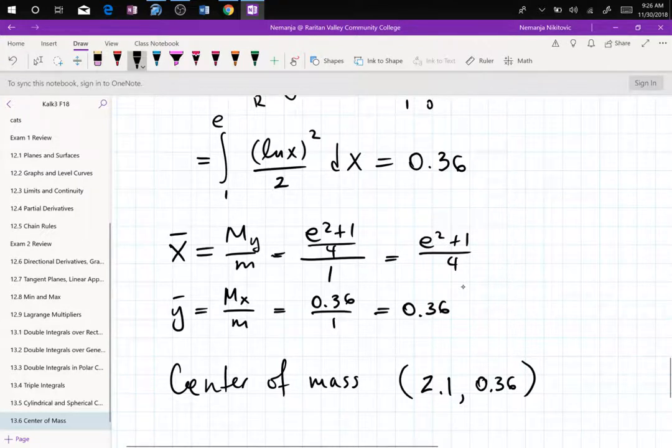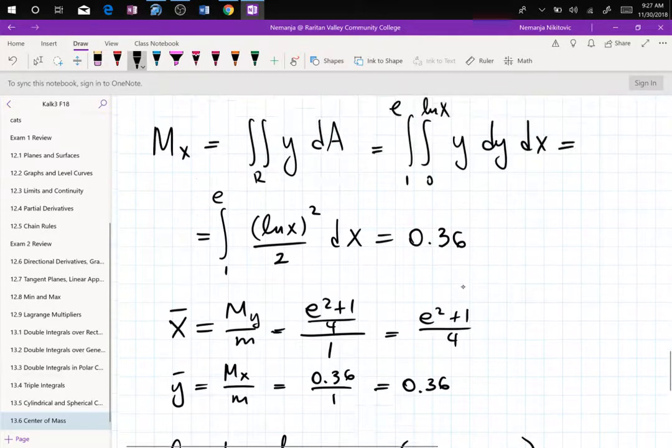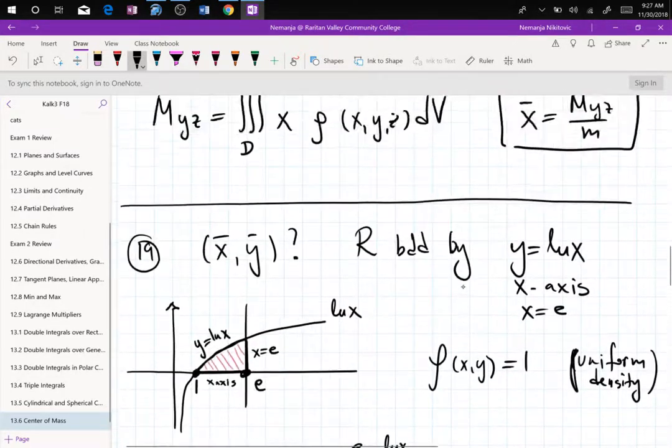Now please use the common sense check to make sure that this is good, because wouldn't it be common sense for your center of mass to be within the object, right? If you want to balance the object, I can't balance this with my finger being here. It has to be somewhere within the bounds of the object. So 2.1, 0.36.